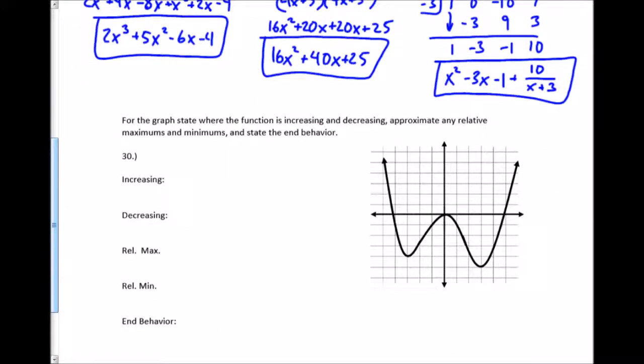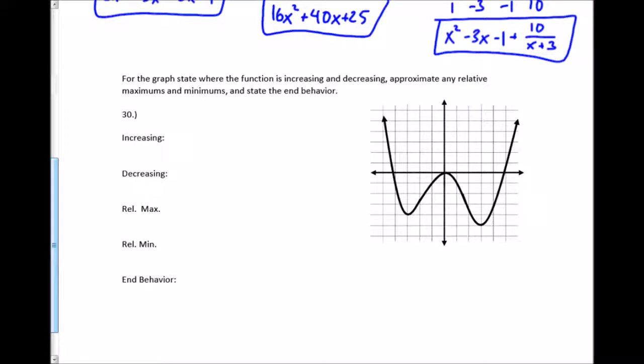For this guy, we just want to state where this thing is increasing, decreasing, any relative maximums and minimums. So increasing, decreasing, we always go left to right. So here, the function is heading downward as I go from left to right. Then it starts going back up again, and then it heads back down again, and then up again. All right, and when the function is going up, it's increasing. When it's going down, it's decreasing. So in other words, from forever until I get to this value, it was going down.